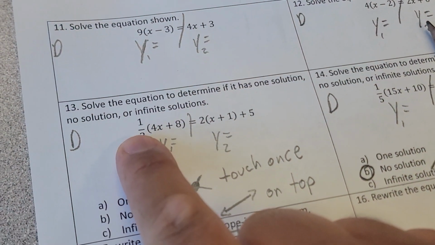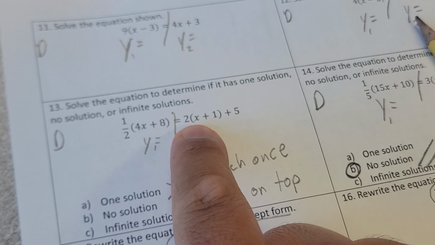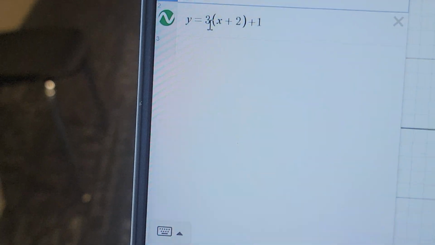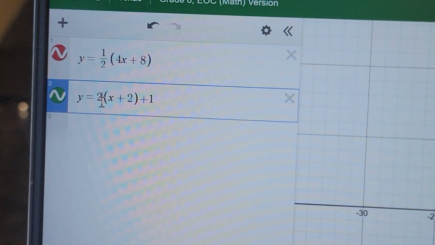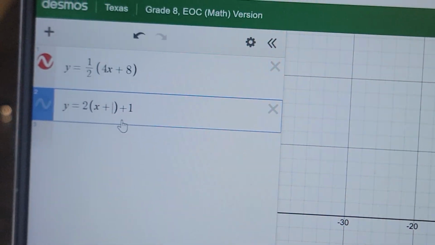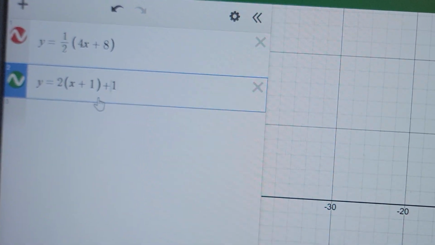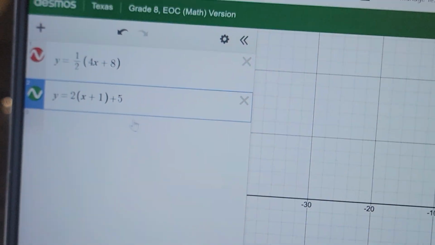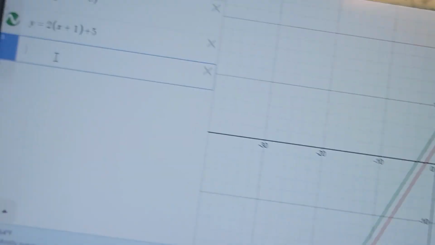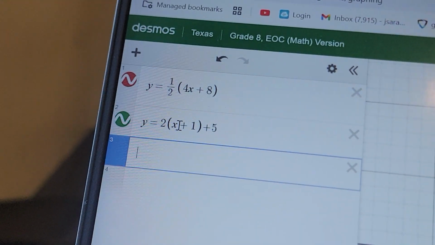So 1/2, 4x plus 8, and then 2 parentheses plus 1 plus 5. So right here, let's change it. Wait, what? I did the same?